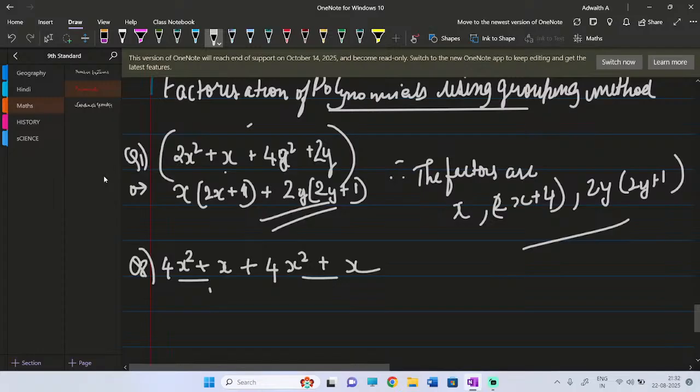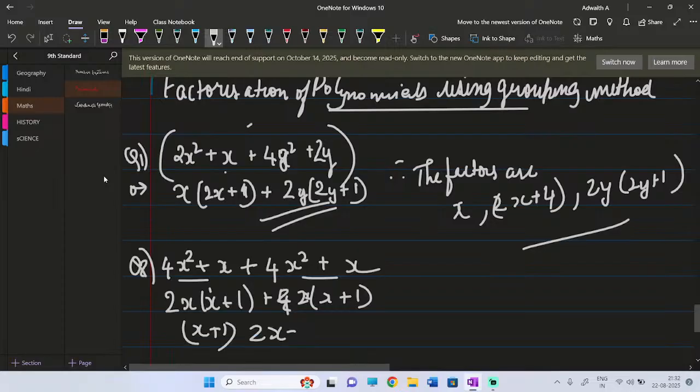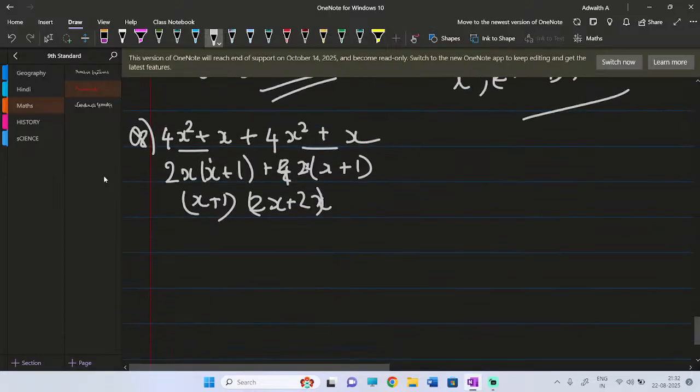You can write 2x, x plus 1, plus 4 2x, right? x plus 1 is common and 2x plus 2x. Can 2x plus 2x be written as x plus 1 into 4x? Yeah. This is the basic factorization.